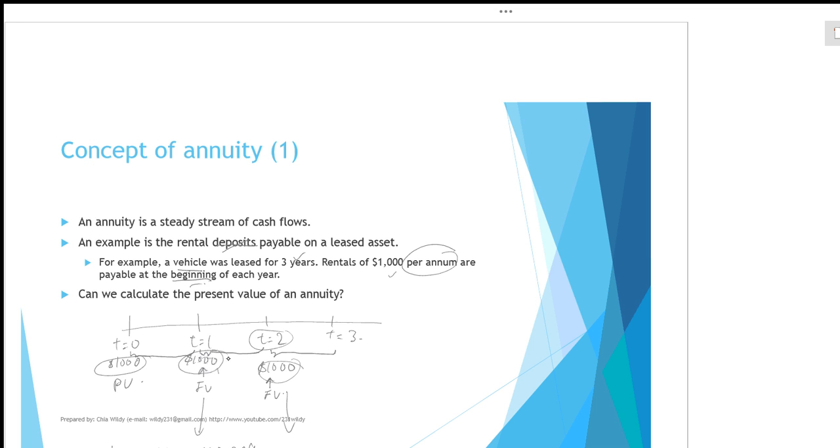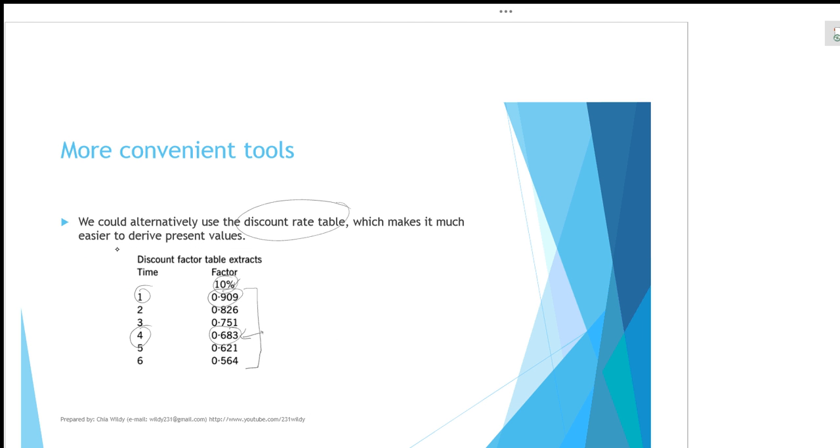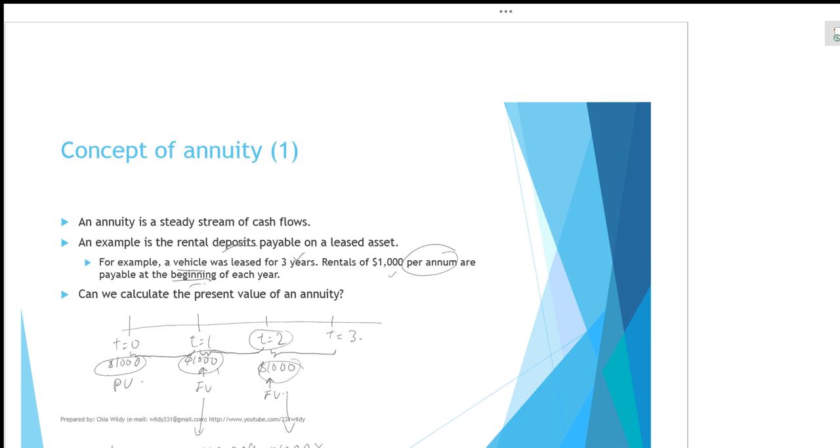Now for t equals 2, how do we determine the present value of this 1,000? Simple. We take 1,000 multiplied by, again same thing, for the period of 2, the discount rate applicable would be 0.826. Input all that into the calculator, and that will give us the present value of the annuity.